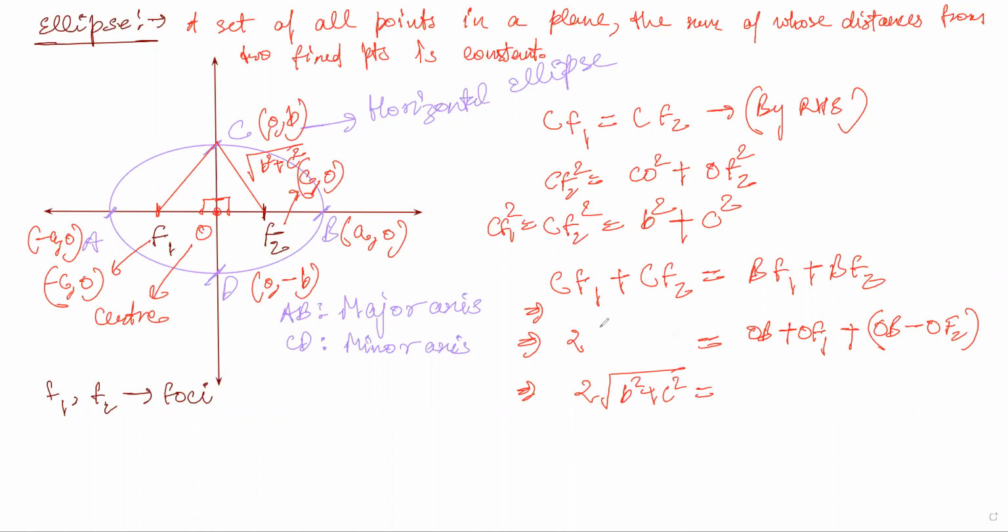we should have written it like this, twice of CF1 is equal to OB plus OF1. So OB is the semi-major axis distance, which is A, plus OF1 is the distance from O to the foci, which is C, plus OB is A, minus OF2, which is C. Hence, it should be 2A.